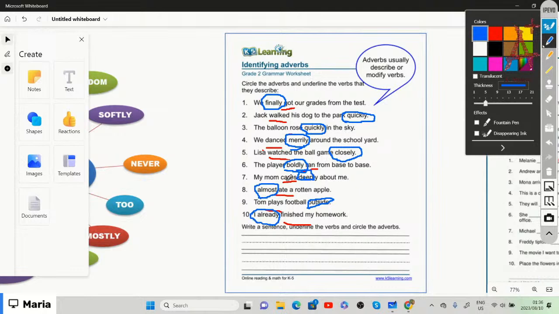So these are but a few examples of us identifying adverbs. In the sentences, what we did was identify the verbs, which we underlined in red, and then we circled the adverbs using blue, right?